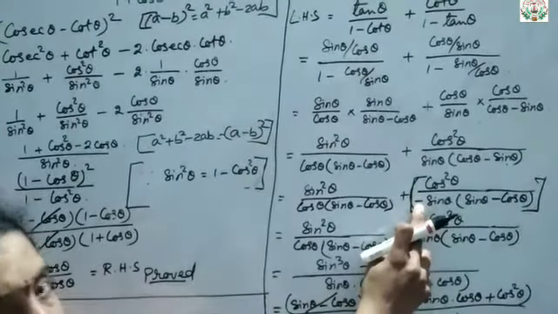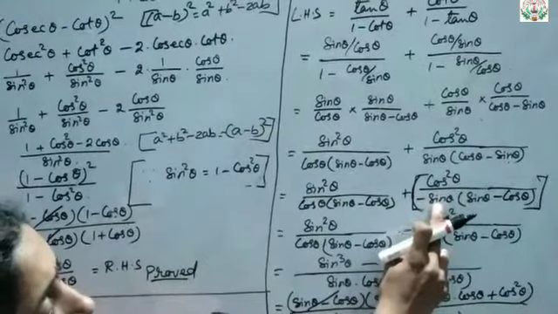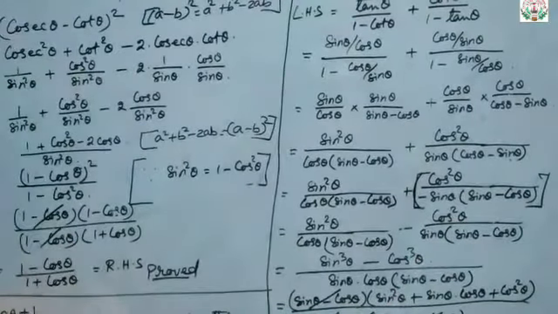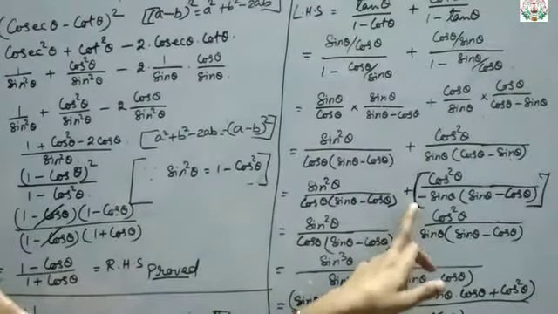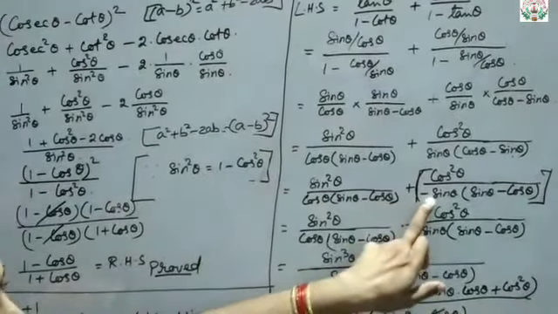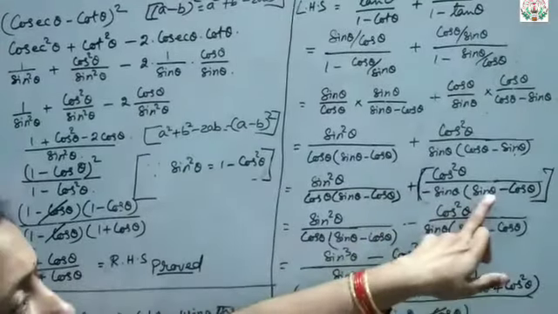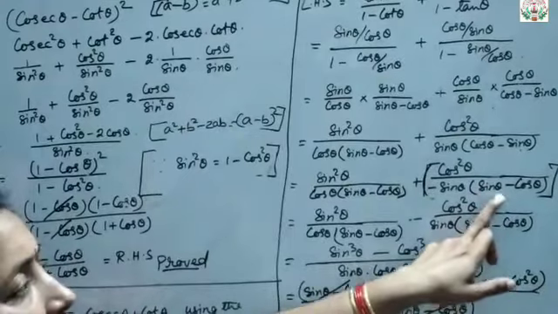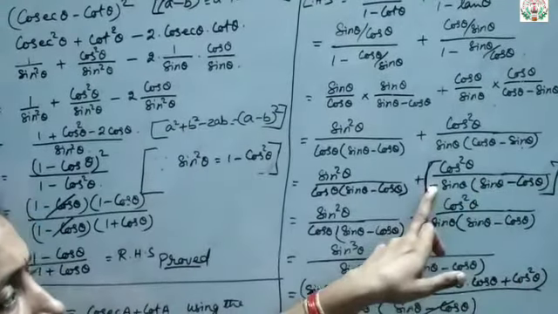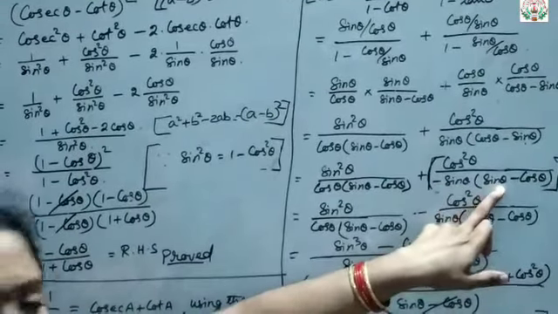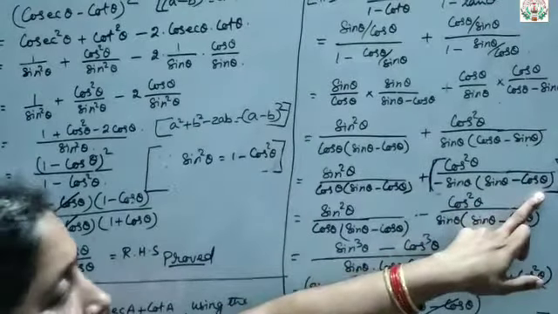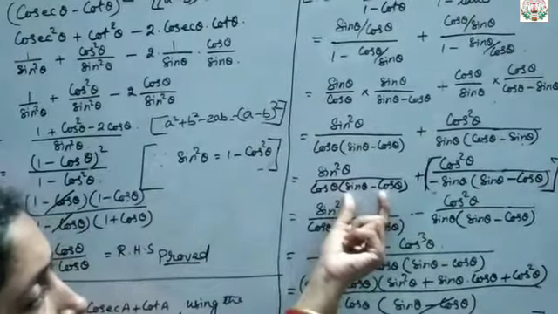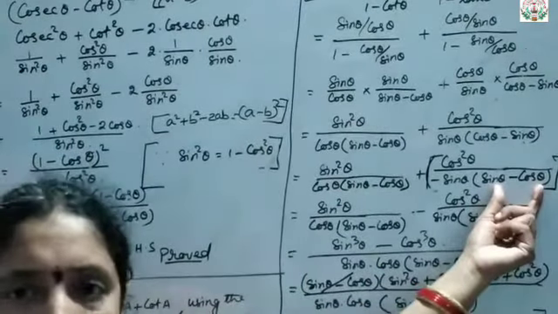Okay, if I take minus sin common, what will I get? Sin theta into (sin theta minus cos theta). Now remember children, here I have taken the minus sign common. So when I have taken the minus sign common, this changed: cos theta went back and sin theta came in front. So minus taken common, so sin theta into (sin theta minus cos theta). Okay. Now in both the terms the denominator part is the same: sin theta minus cos theta here, also sin theta minus cos theta.